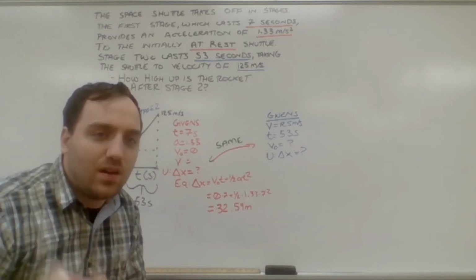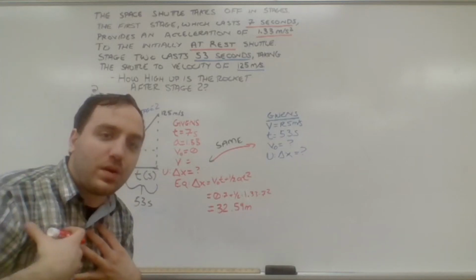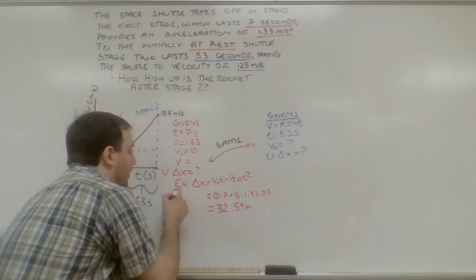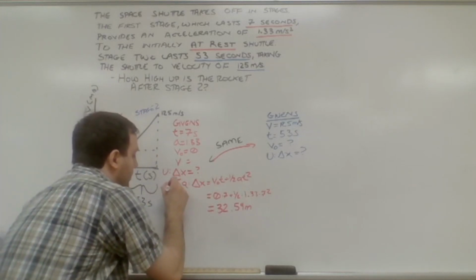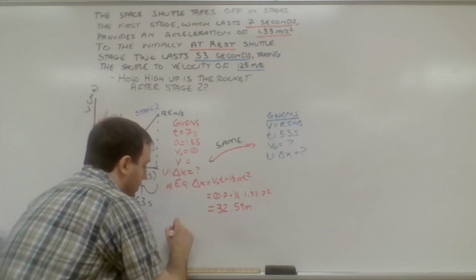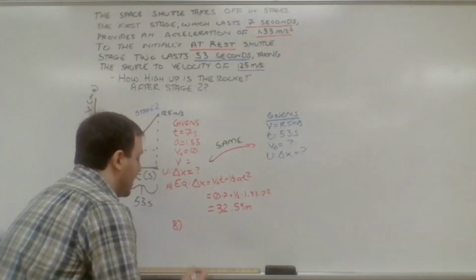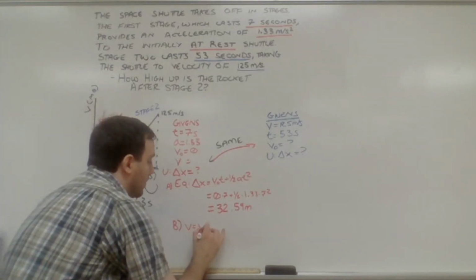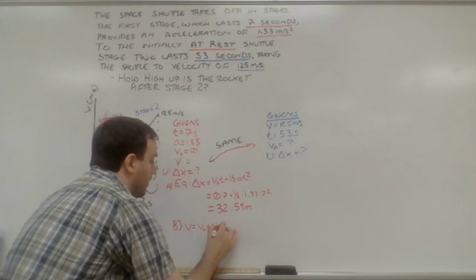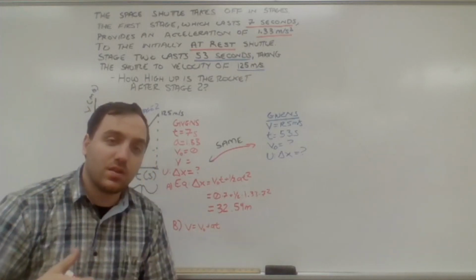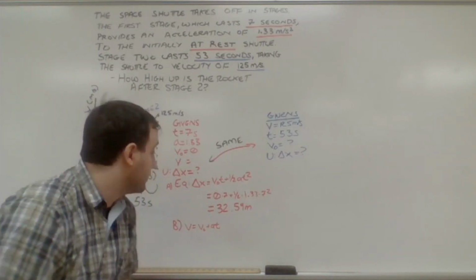For ease of math and to make my poor easy brain better, first thing I'm going to do is label this as A because we're solving for 2 unknowns. So the unknown B in this case would be V equals V naught plus AT, which, if you think back to the graphing, is how we solve that.